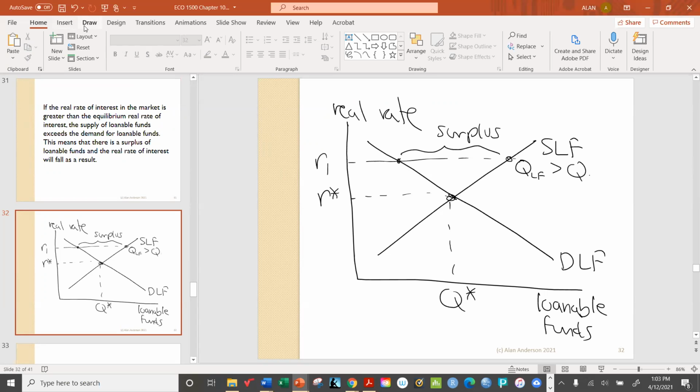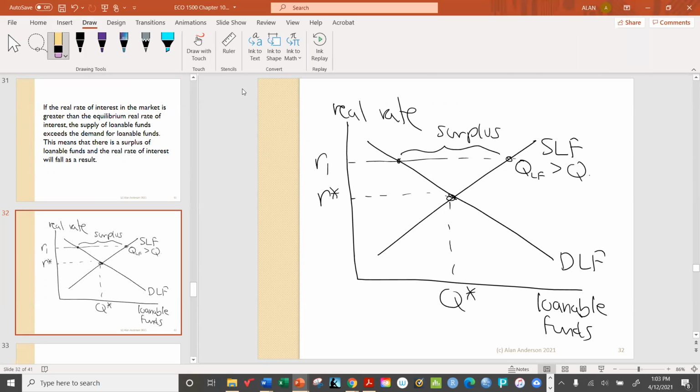Sorry, I did the wrong thing. QSLF, the quantity supplied, is greater than the quantity demanded of loanable funds. So there's a surplus of funds that nobody wants to borrow because the rate is so high. What would you expect to happen in that case?